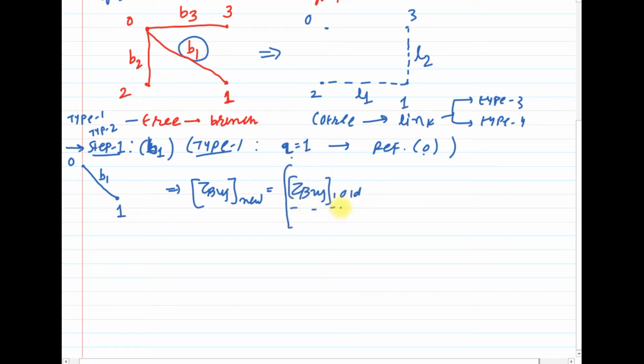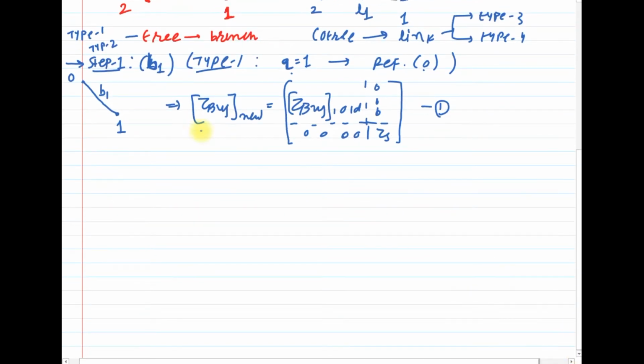This is your equation number 1 for type 1 modification.